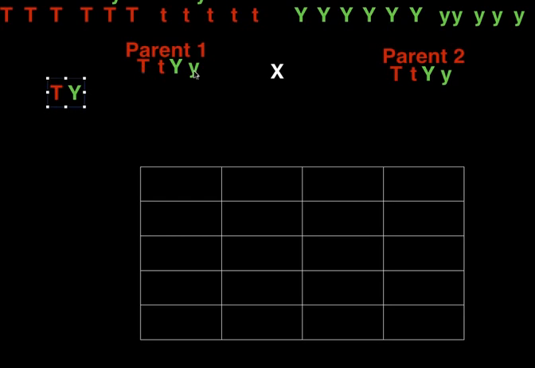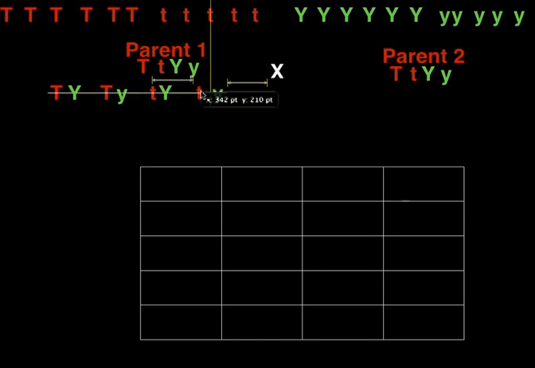But this T could also go with the little y, and we'd get this gamete produced. The little t could end up with the big Y, and we'd get this gamete. And the little t could end up with the little y, and we'd get this gamete produced.